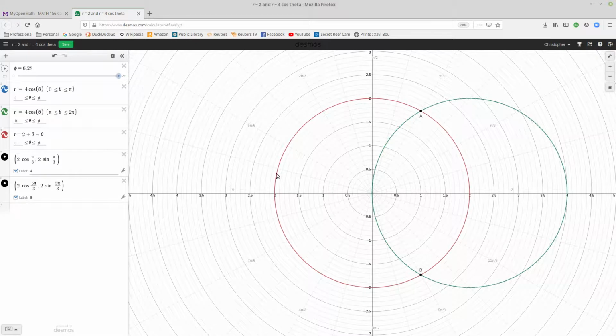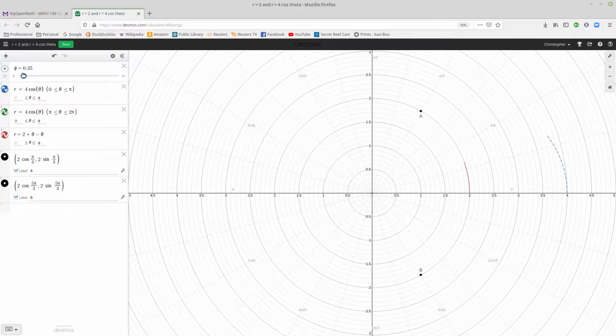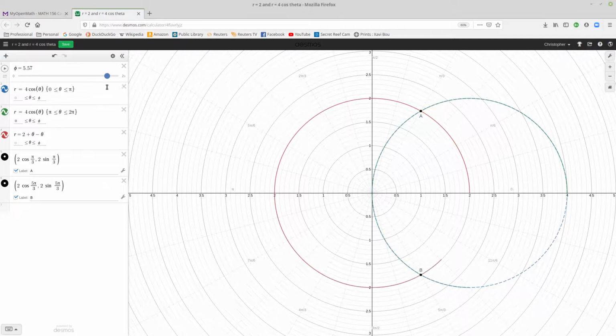So one curve is a circle centered at the origin. One curve is a circle not centered at the origin. It's centered elsewhere. They have 2 intersection points, A and B. But in the practice of drawing the curves, even though both arrive at A simultaneously, they arrive at B at different times, at different values of theta.